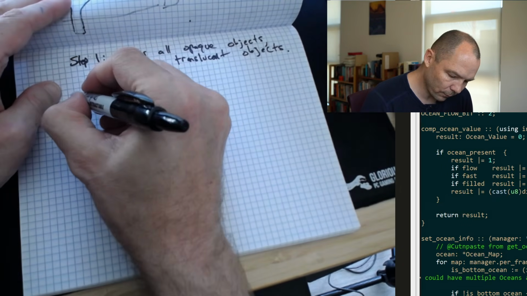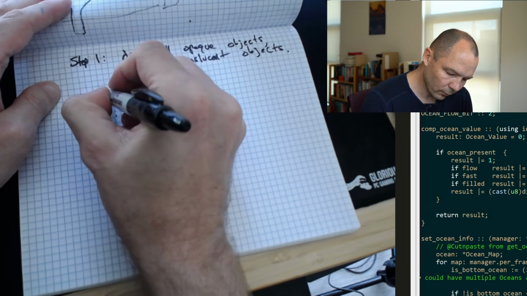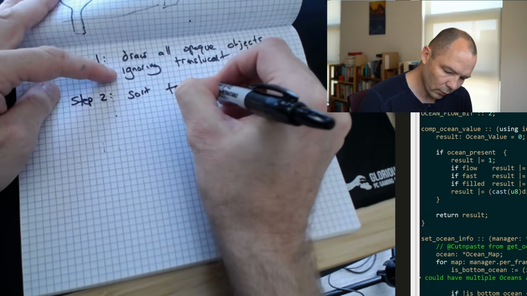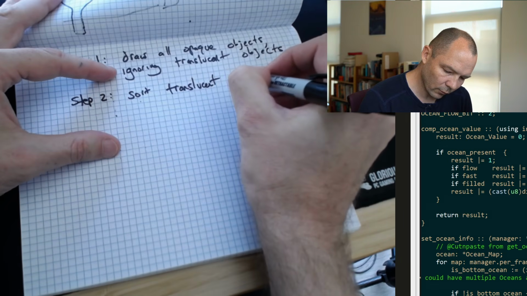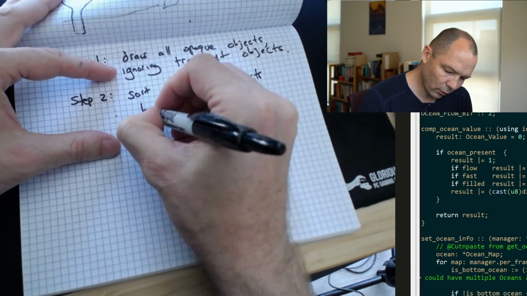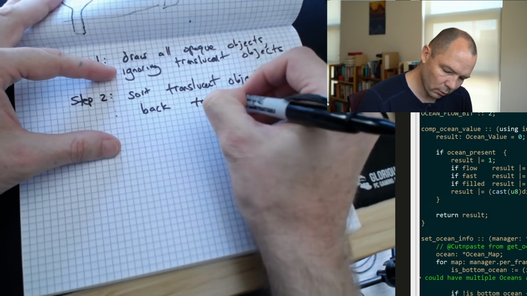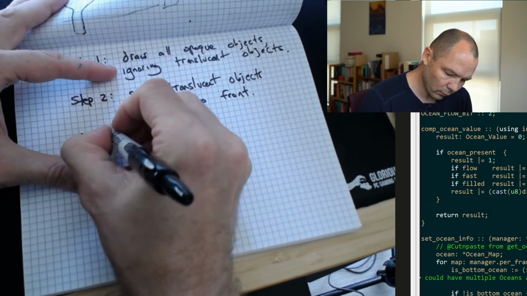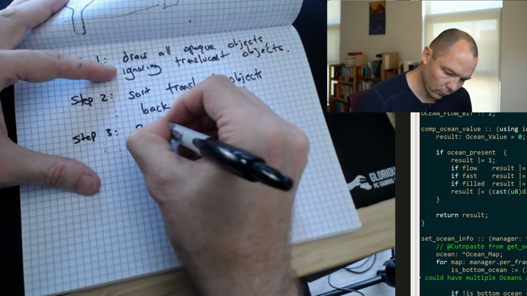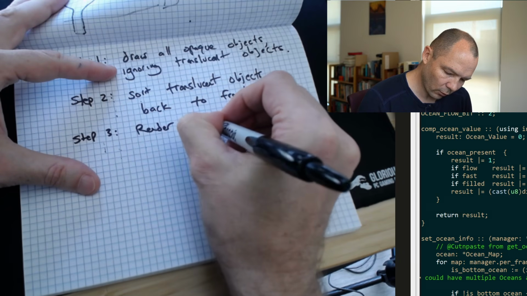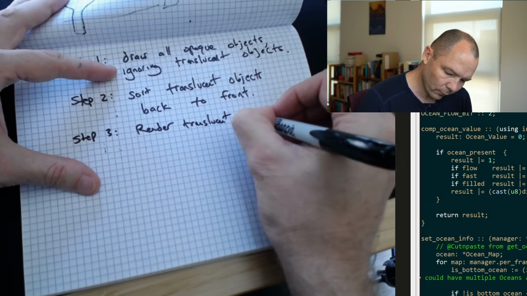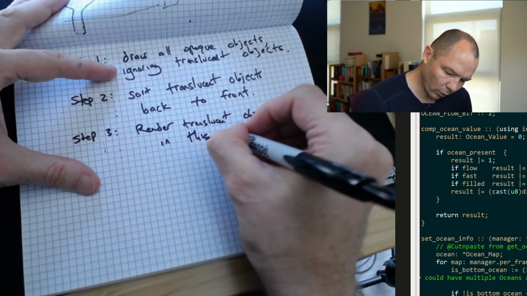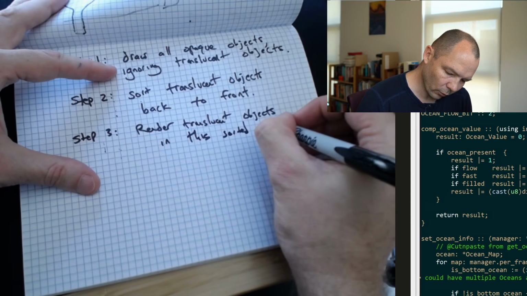Okay, so step 2, sort translucent objects back to front. Step 3, render translucent objects in this sorted order.